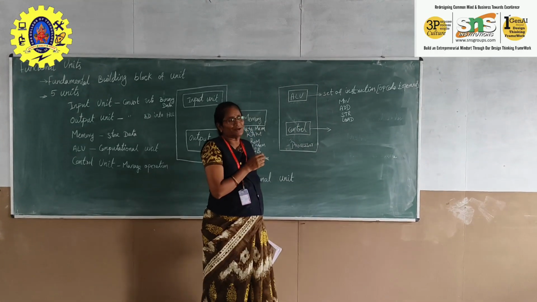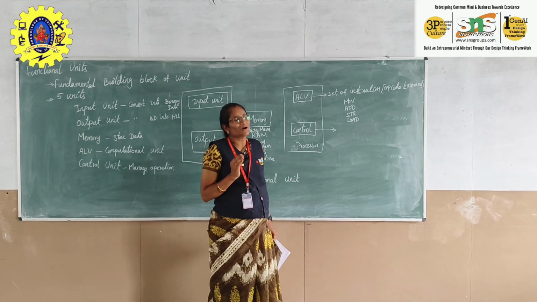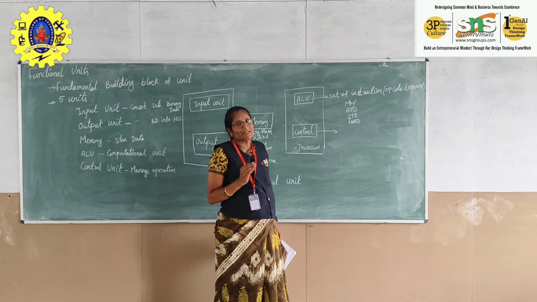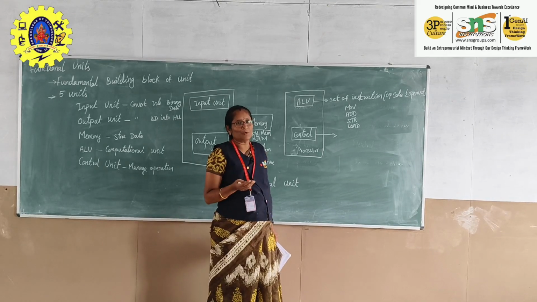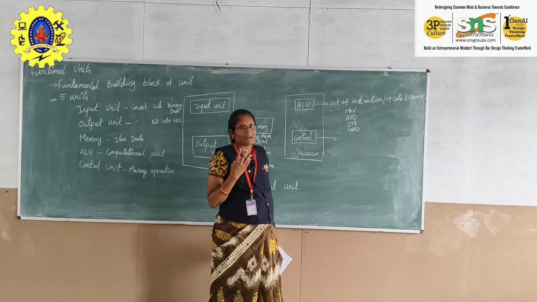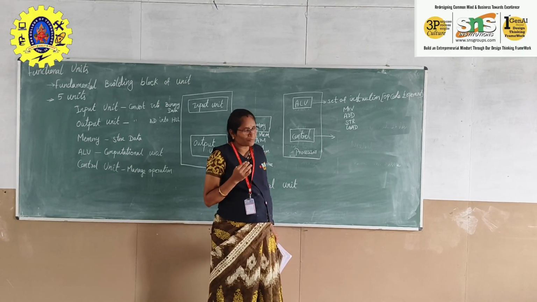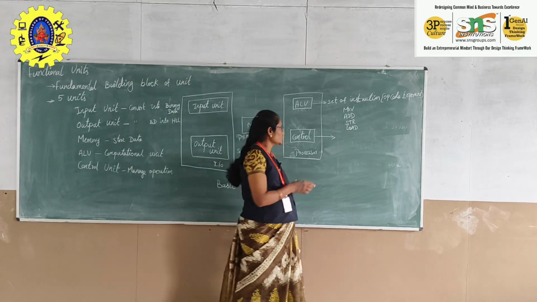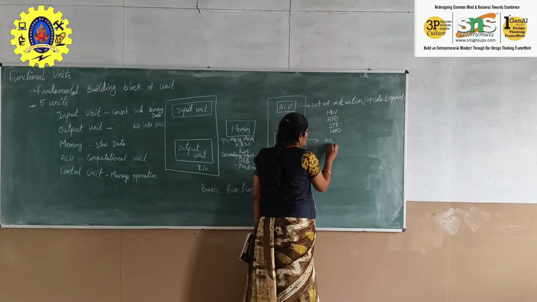The next one is the control unit. The control unit is used to manage the operations happening in the processor. If I am sending the input to perform an addition operation, it will give a grant signal to perform the addition operation. After performing the operation, the control unit sends the output to the output unit.